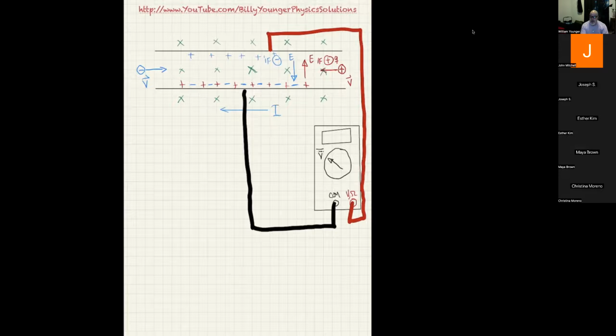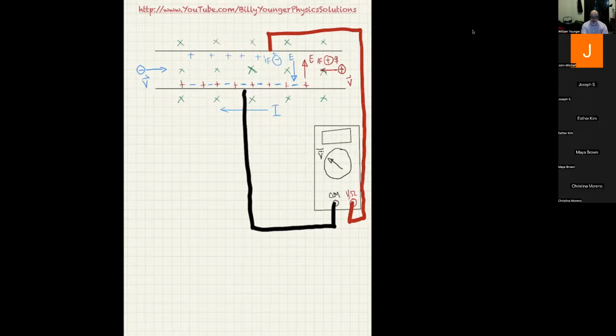And a capacitor would have the electric field pointing from the positive charges to the negative charges, because electric fields always point in the direction that a positive charge wants to go. Does that make sense? Electric fields always point the direction that a positive charge would be compelled to move.